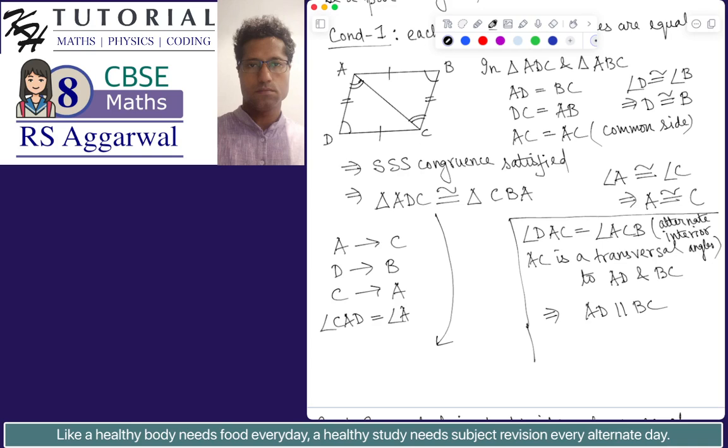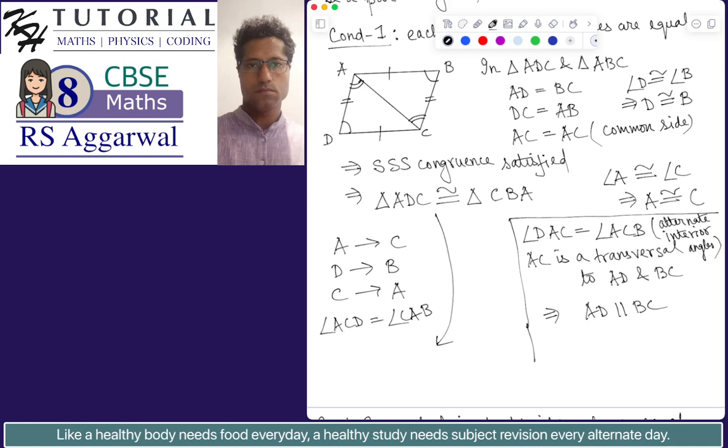No, sorry, not this one. From the congruence of the two triangles, since vertex C of triangle ADC has a correspondence to vertex A of triangle ABC, we can say that angle ACD is equal to angle CAB.